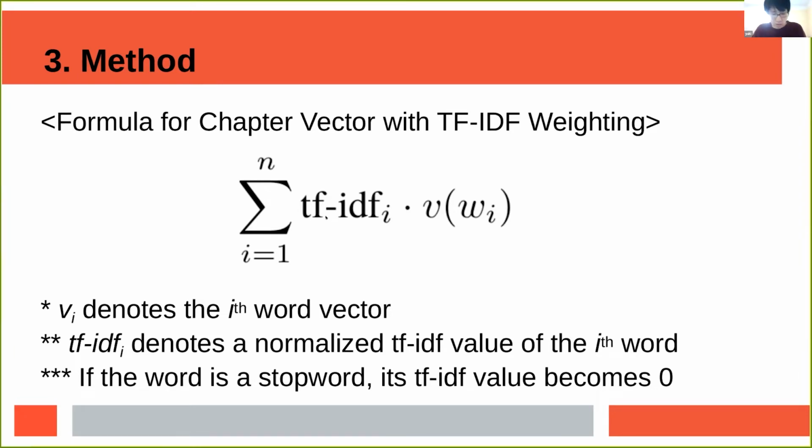So significant words are more heavily weighted. There are actually more things to talk about in this model, but because of the time limitation, unfortunately, I have to skip them.